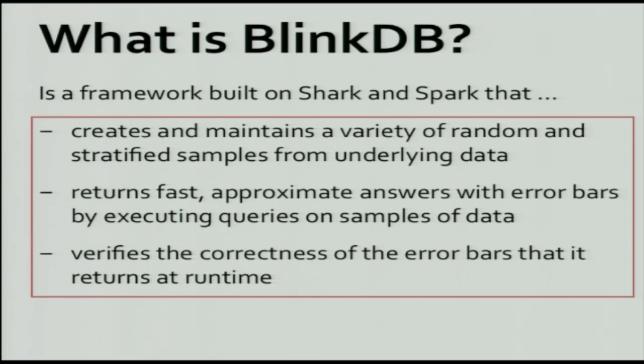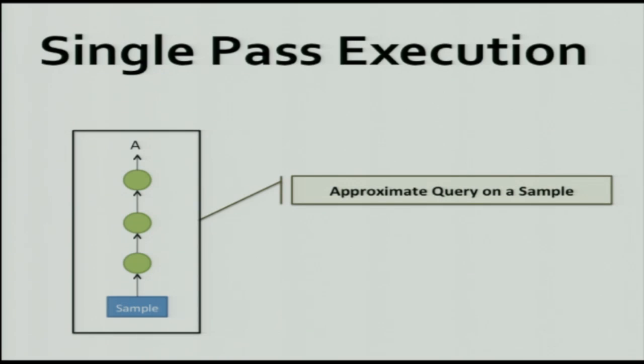In order to do all of this and still maintain interactivity, we had to re-engineer the entire Spark stack. And for this, we had to enable what we call single pass execution.